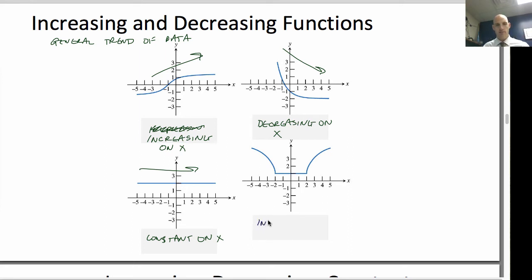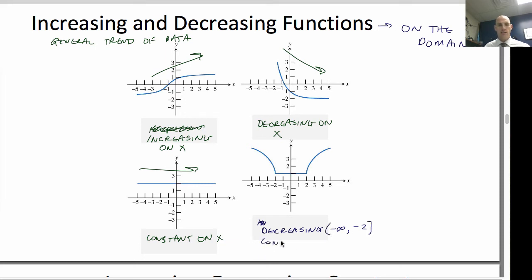It's increasing. Well, let's start with decreasing. It's decreasing from negative infinity all the way up until, now we're defining this by its x because we're talking about the domain, right? Increasing on x, constant on x. So this is decreasing from x equals negative infinity to negative 2. And that is included.